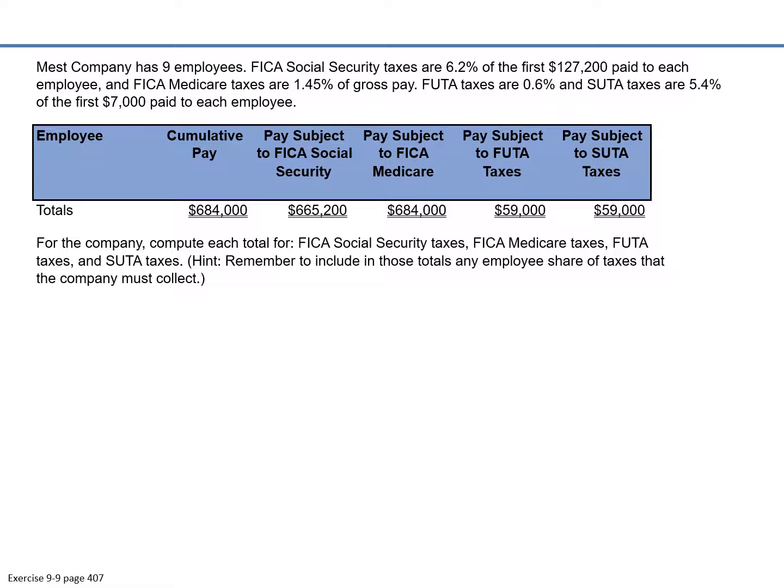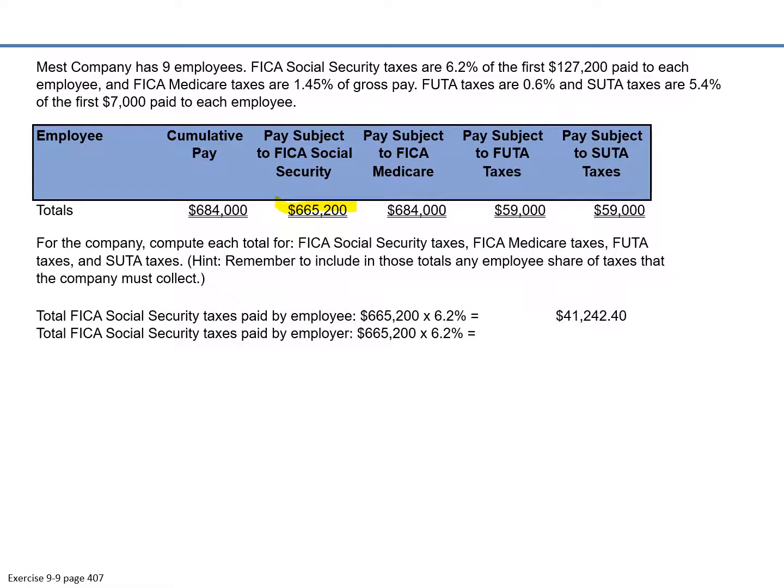So for the company, compute the total. And remember to include in the total any employee's share of the taxes that the company must collect. So total Social Security is going to be $665,200, right, times 6.2%.